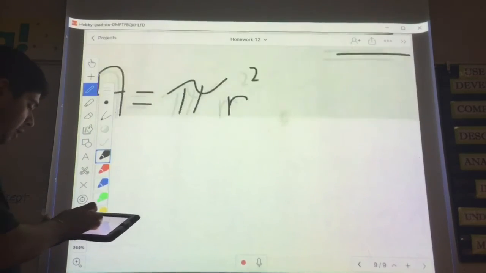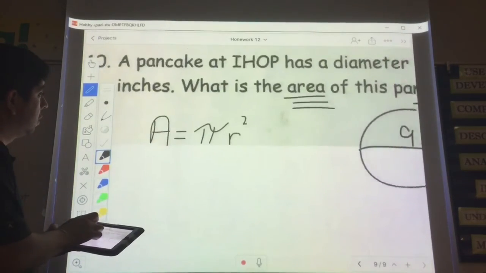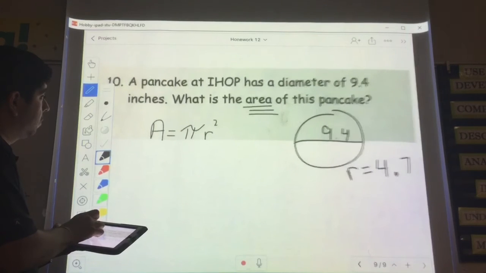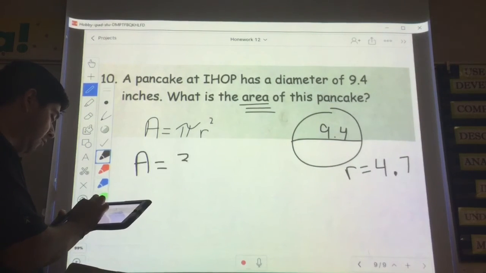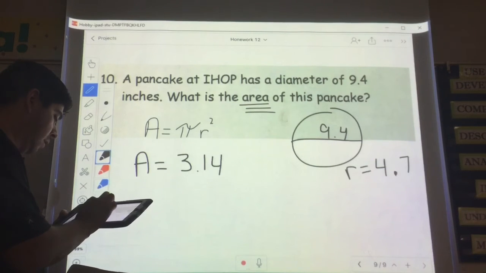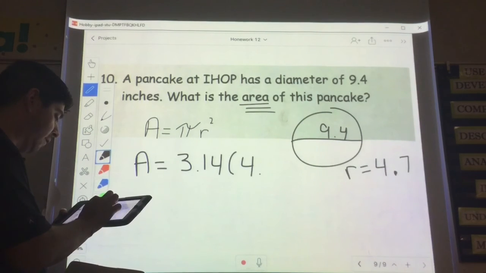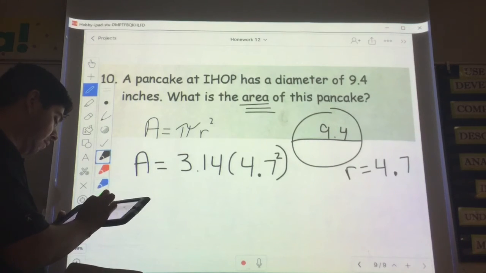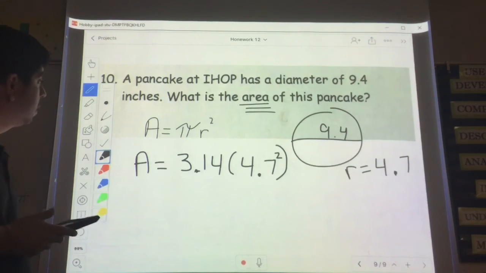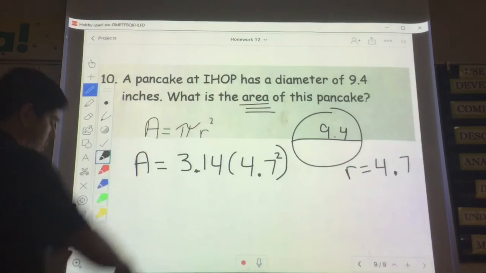So now I can plug in. Area equals pi, 3.14, times 4.7 squared. We'll just put that in our calculator and we'll get our answer.